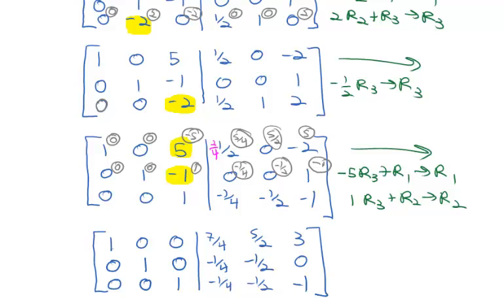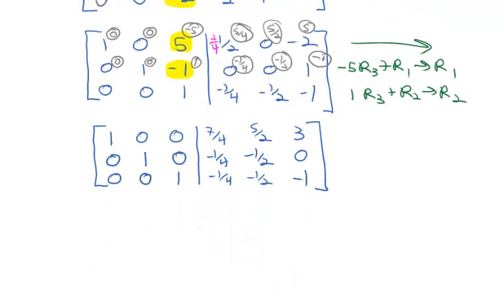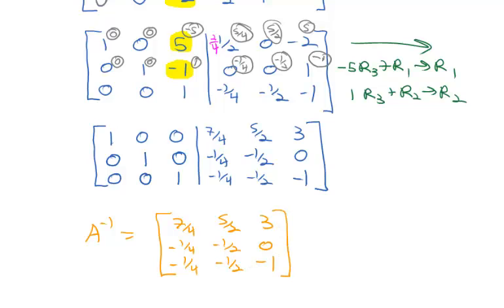And we finally have A inverse. The all-important A inverse that we're looking for is 7/4, 5/2, 3, -1/4, -1/2, 0, -1/4, -1/2, -1.